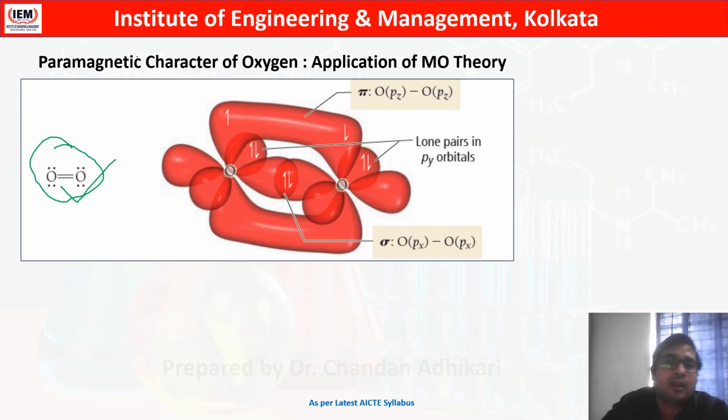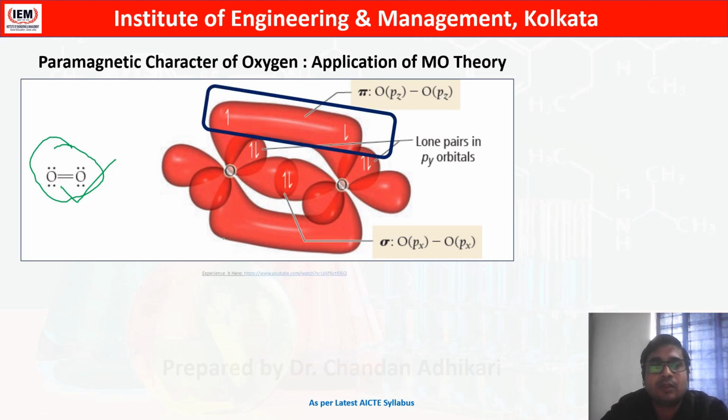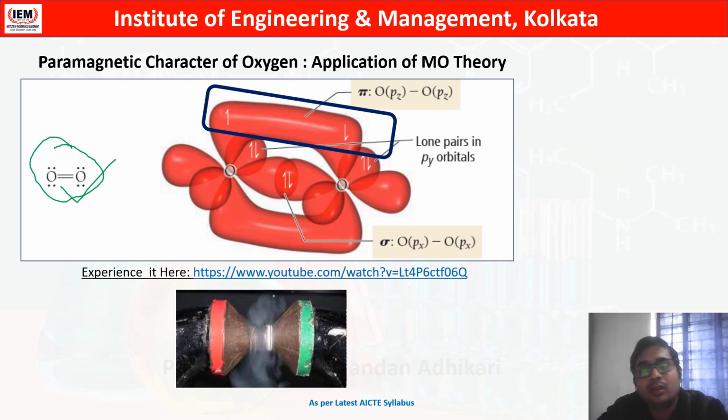The paramagnetic character of oxygen was really surprising to people before MO theory was discovered, because at that time Lewis theory was very famous, and people knew that according to Lewis theory all the electrons are paired in oxygen, so it should be diamagnetic, but experimentally it was found that it is actually paramagnetic.